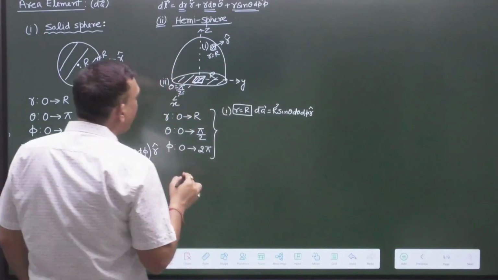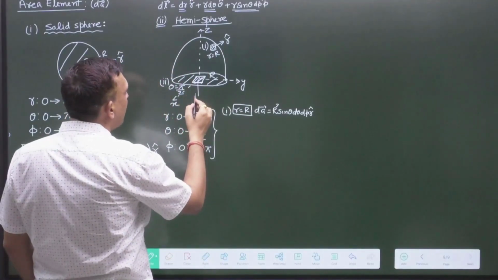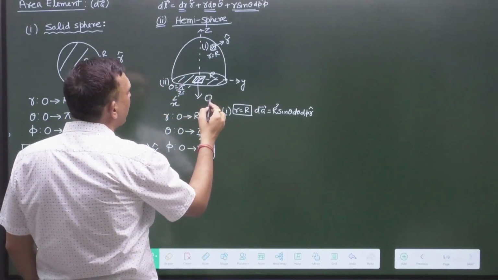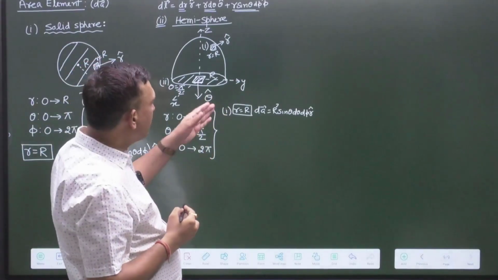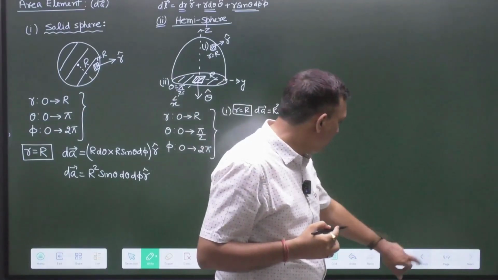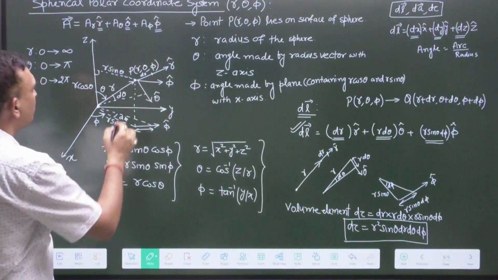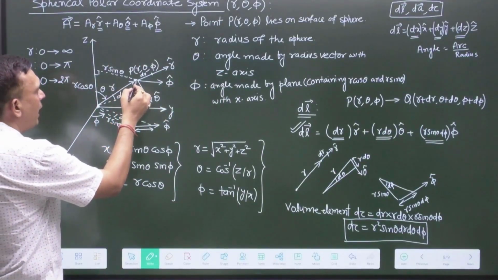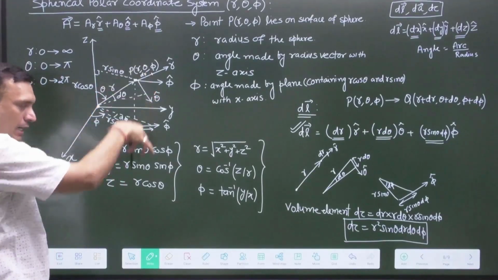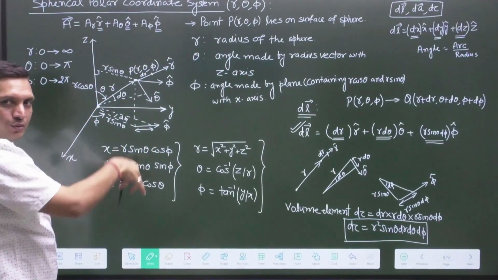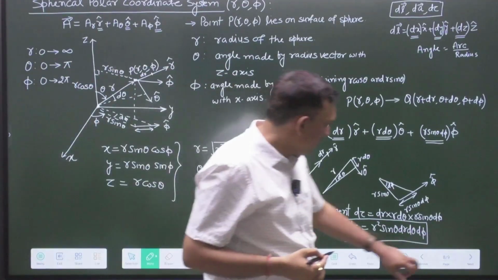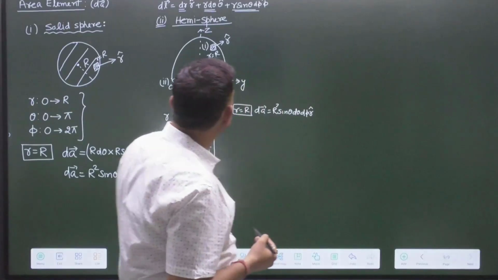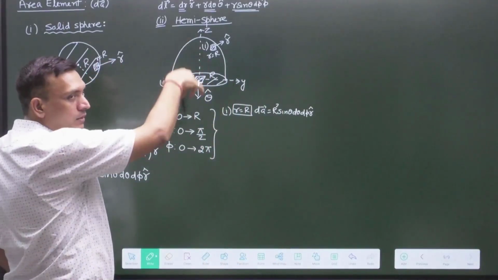And what will be the direction? Away from the surface. This direction is theta cap. You can see here, if point P is in the XY plane, then theta cap is downward. So the downward direction is the theta cap direction.